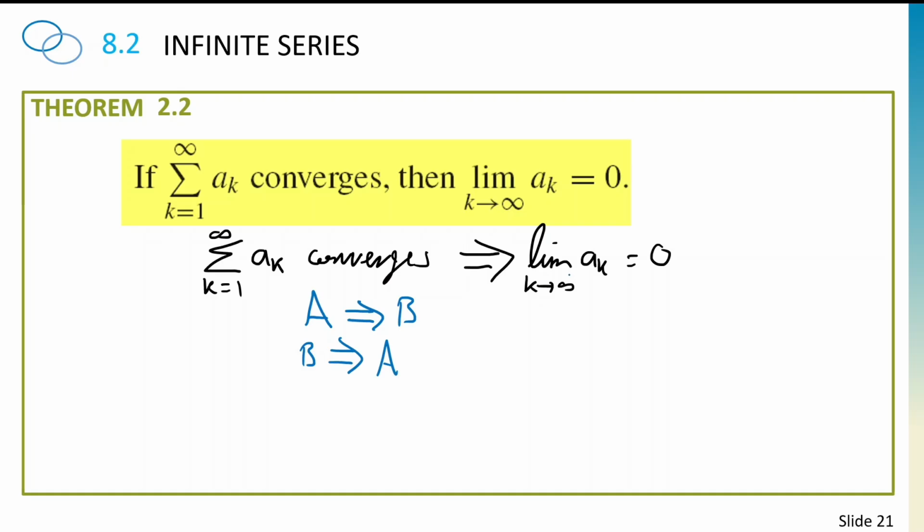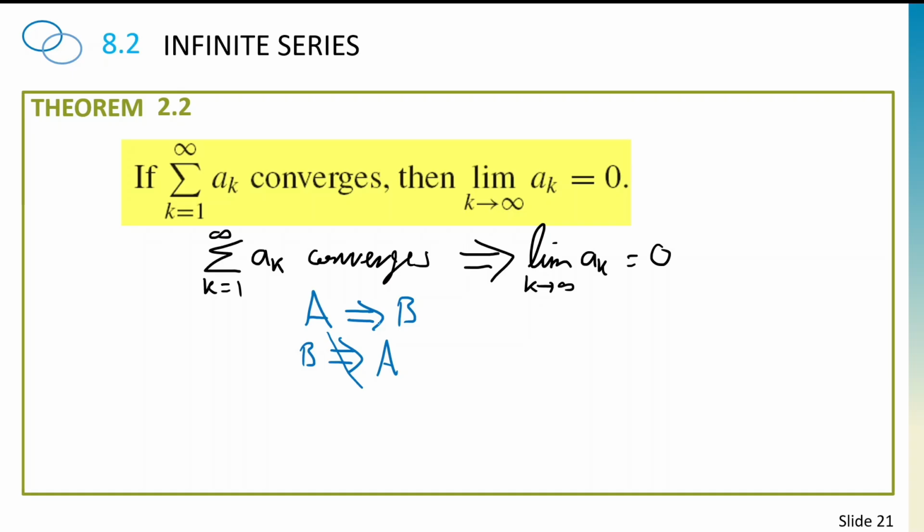If the limit of a_k equals 0, does it mean that the series converges? Do we get that it's convergent? No, not necessarily. If the theorem is only if-then, it's only one direction. If A, then B. But does it mean that B implies A? No, it doesn't.